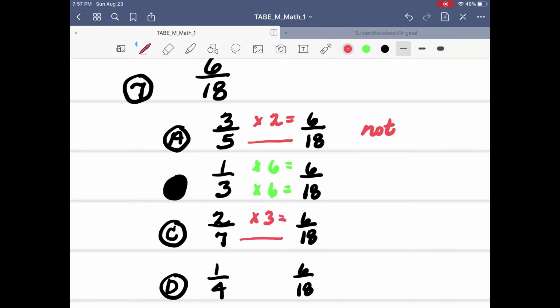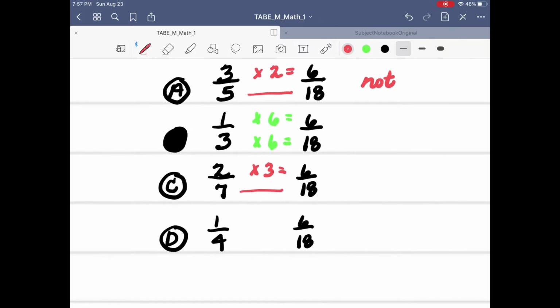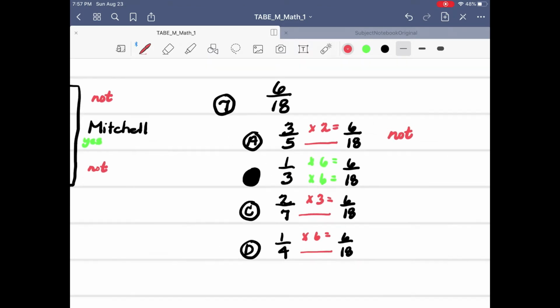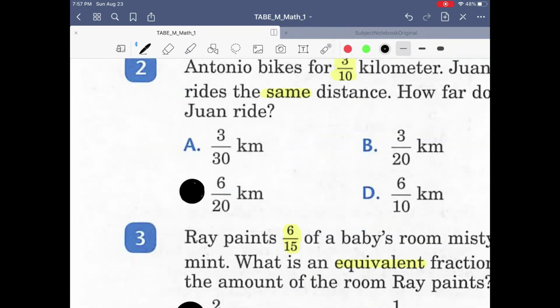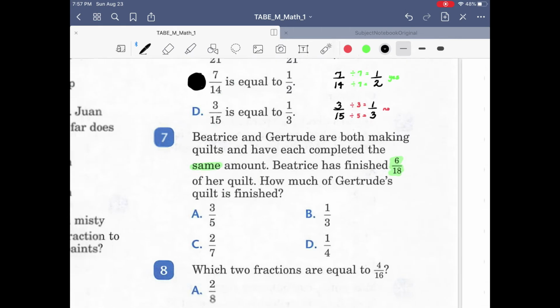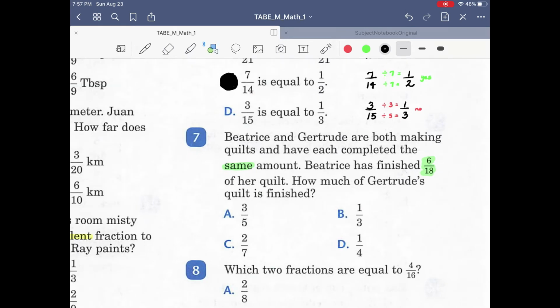But let me finish these. 2 times 3 would be 6, and 7 and 18 are not related. 1 times 6 is 6, but 4 and 18 are not related. So the answer to number 7 is B, 1/3.